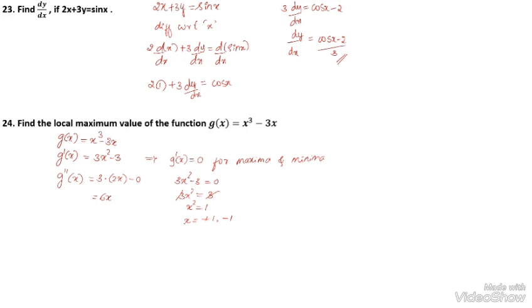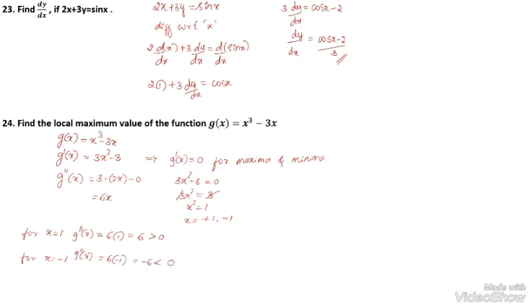For these values of x, plus 1 and minus 1, we can check. For x is equal to 1, g double dash of x is 6 into 1, which is 6, greater than 0. Again, for x is equal to minus 1, g double dash of x is 6 into minus 1, which is minus 6.